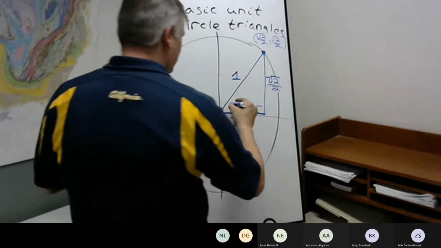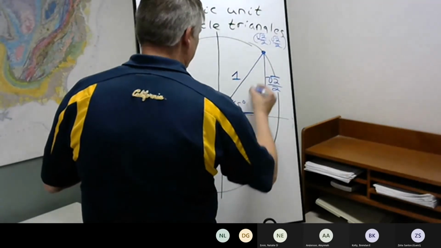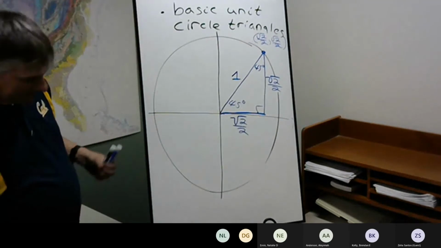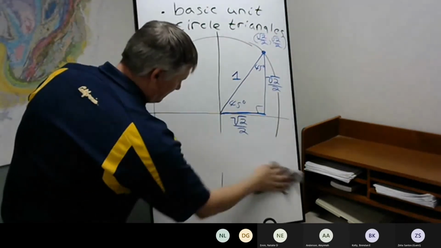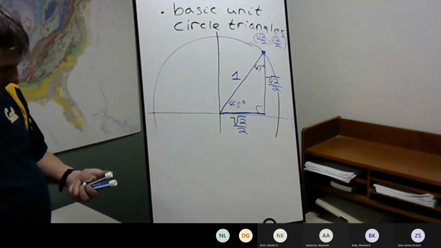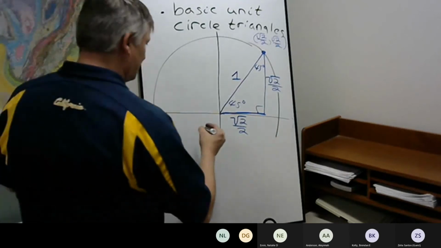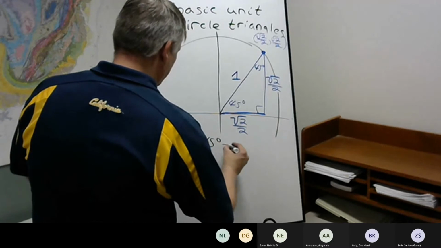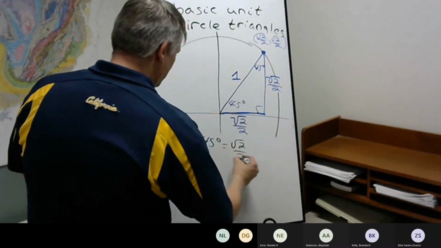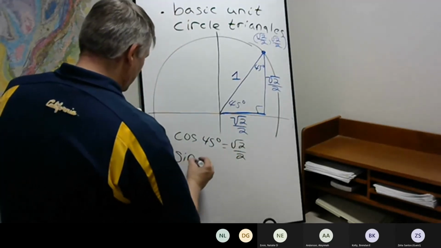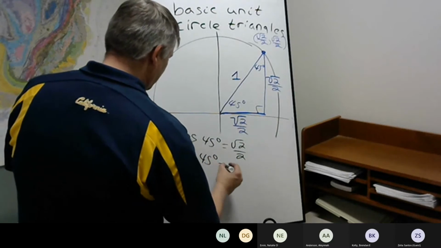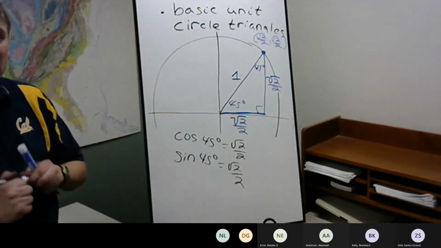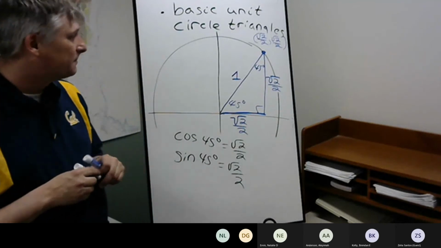So these here are 45 degrees and 45 degrees. So what this says is the cosine of 45 degrees is rad 2 over 2, and the sine of 45 degrees, the y coordinate, is also rad 2 over 2.